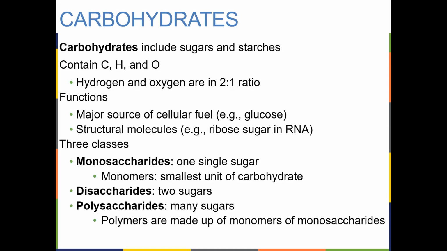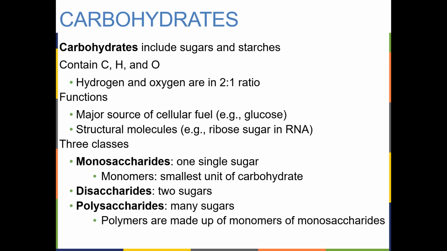Now, the polysaccharides are the many sugars linked together. They are made up of lots and lots and lots of monosaccharides. For example, starch, like you find in a potato, baked potato or fries or tater tots, mashed potatoes, however you like your potatoes.